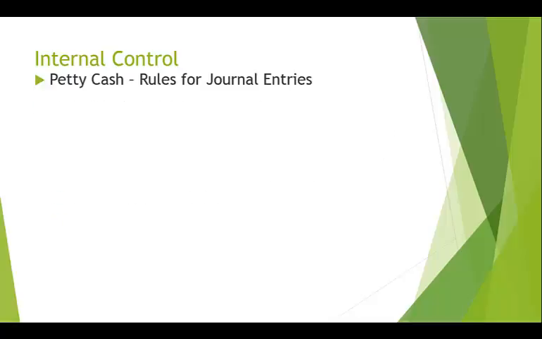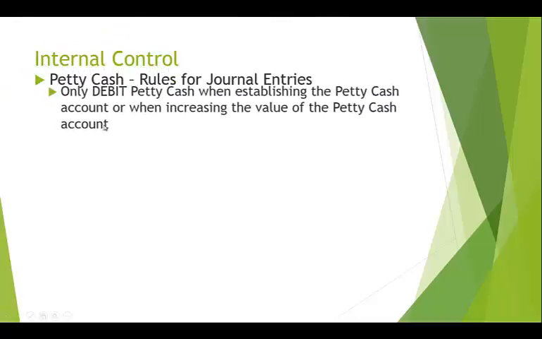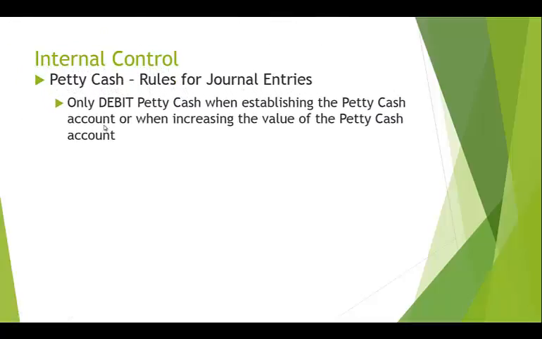Okay, so here are some rules for petty cash when you're doing journal entries. If you follow these rules, you should be able to figure out the journal entries pretty easily. The only time we're ever going to debit petty cash is when we are going to establish the petty cash account, or when we're going to increase the value of the account.